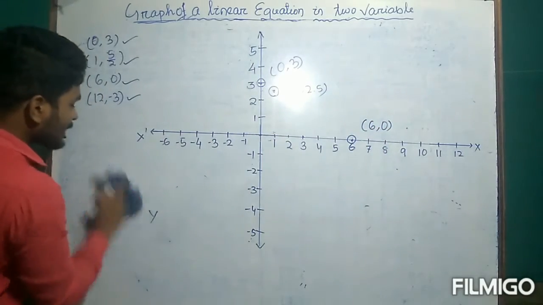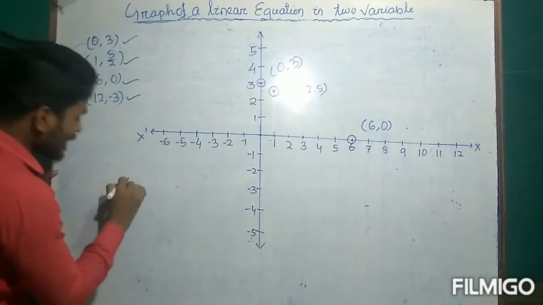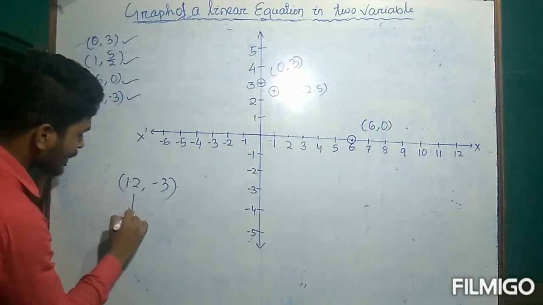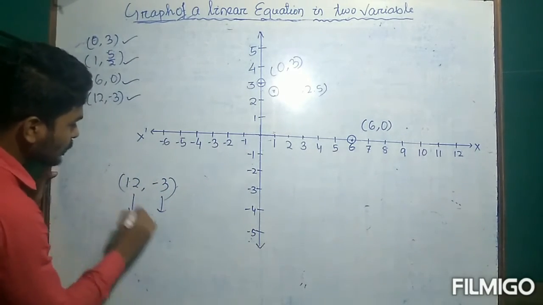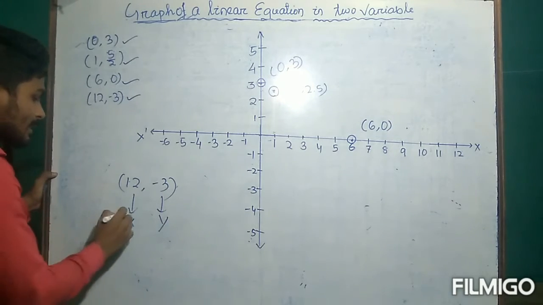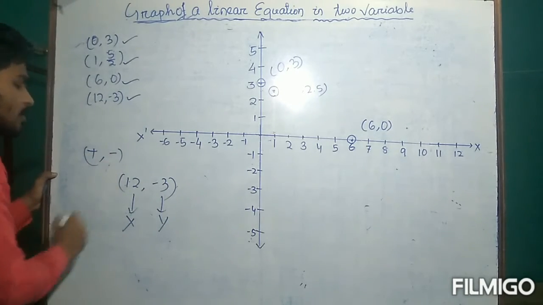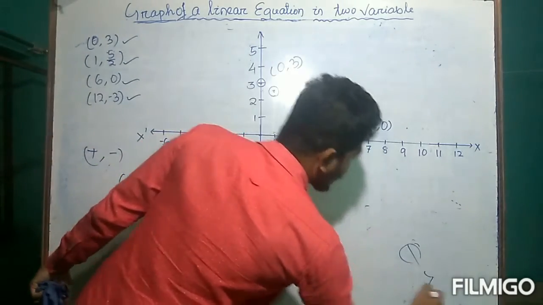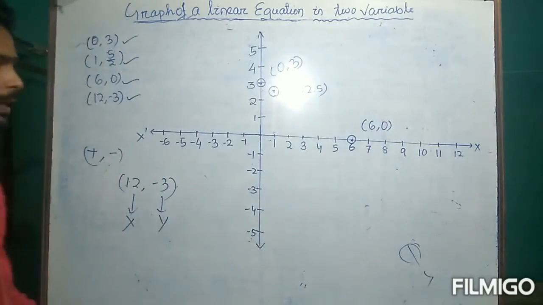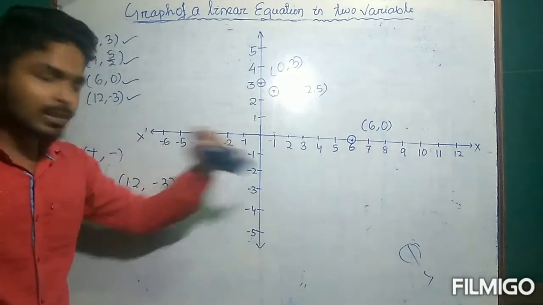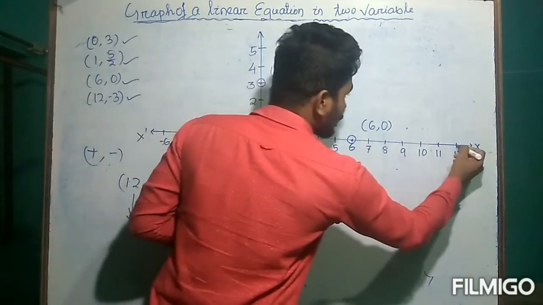Understood? Next, we have to represent 12, minus 3 on this coordinate system. So x coordinate is 12 and y coordinate is minus 3. Since x coordinate has a positive sign and y coordinate has a negative sign, this point should lie in quadrant 4. So let us represent it. You have to move 12 units in the positive direction of the x-axis.